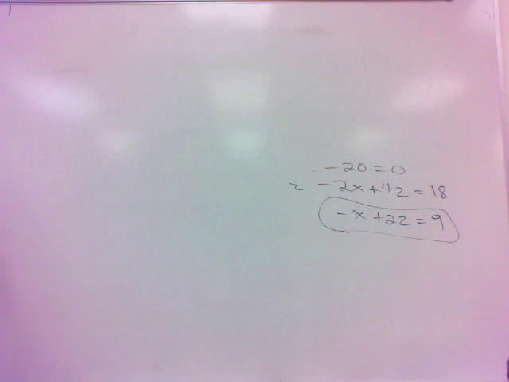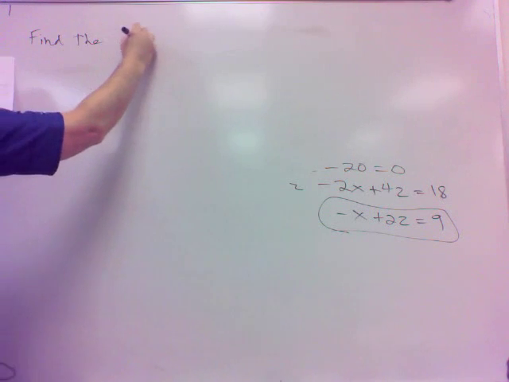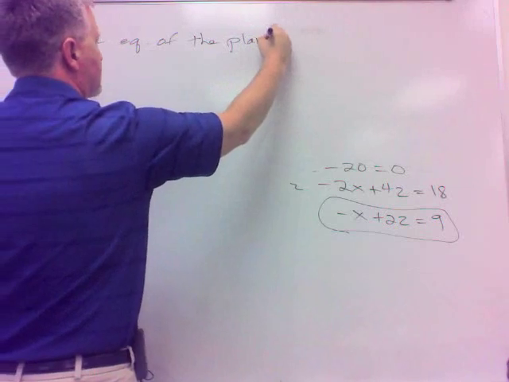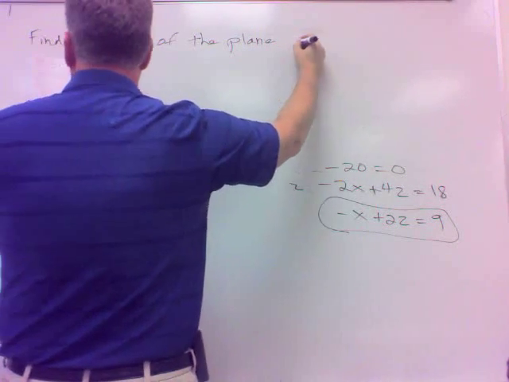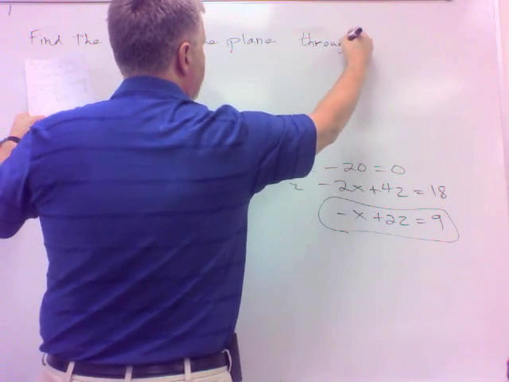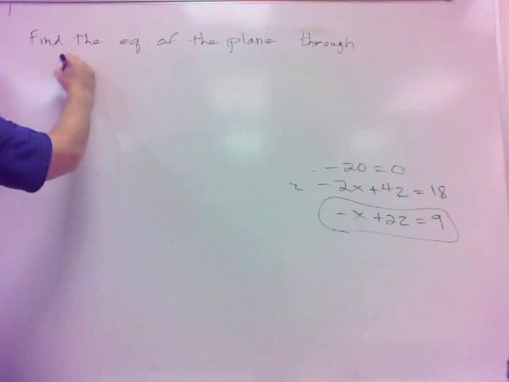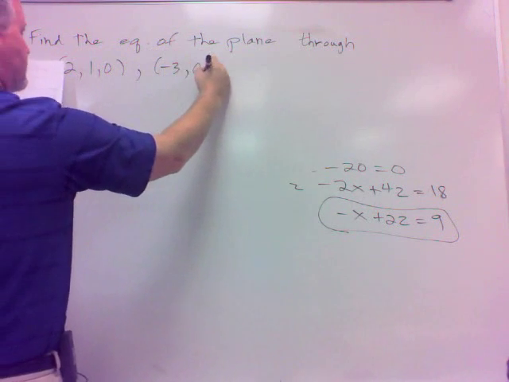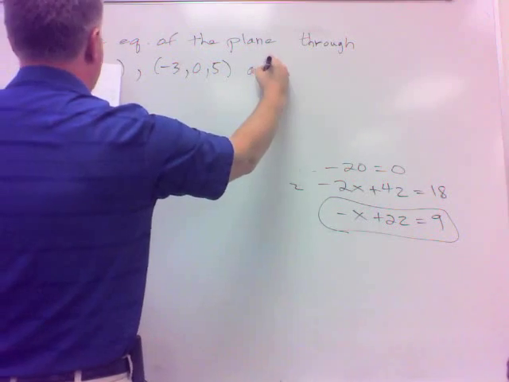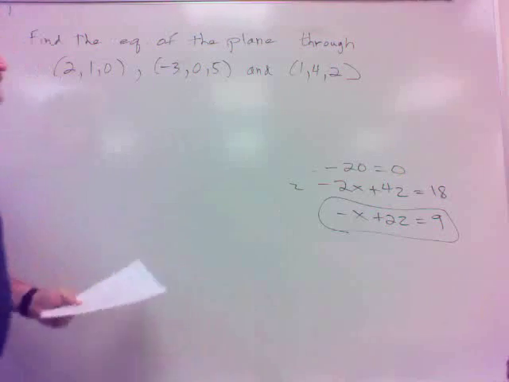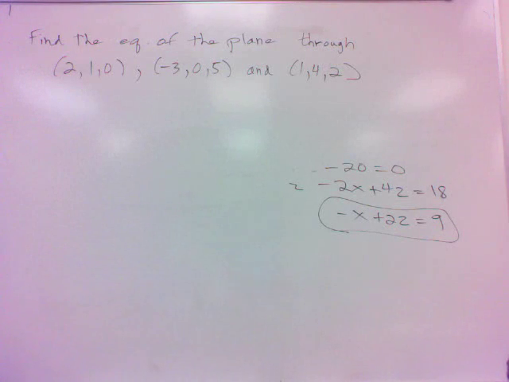So let's say we want to find the equation of the plane through 2, 1, 0, negative 3, 0, 5, and 1, 4, 2. So we said we also had 3 points.